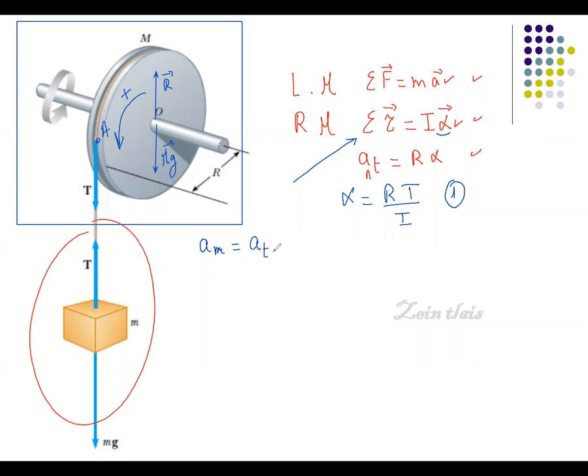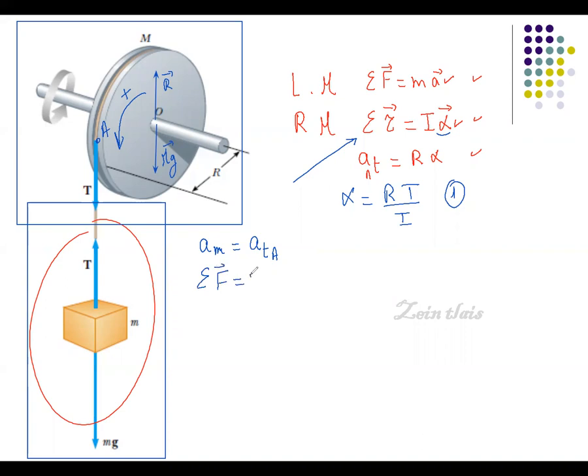To calculate A, I have to apply Newton's law on this object. So we have summation of F equals ma of the mass m.